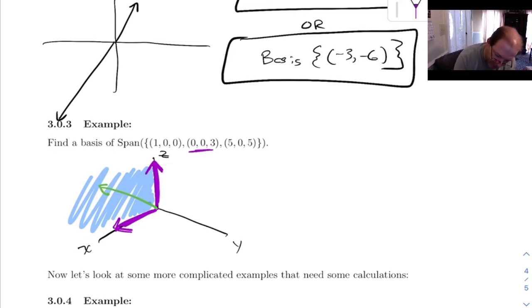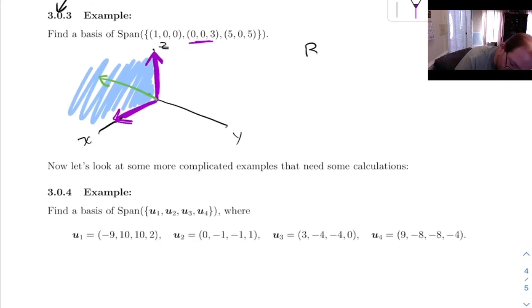So for this, we've got three vectors that lie on the same plane, and so it's a two-dimensional subspace. So in order to get a basis, we just have to throw away one of those three. I'm going to throw away the (5, 0, 5) and get this for my basis.